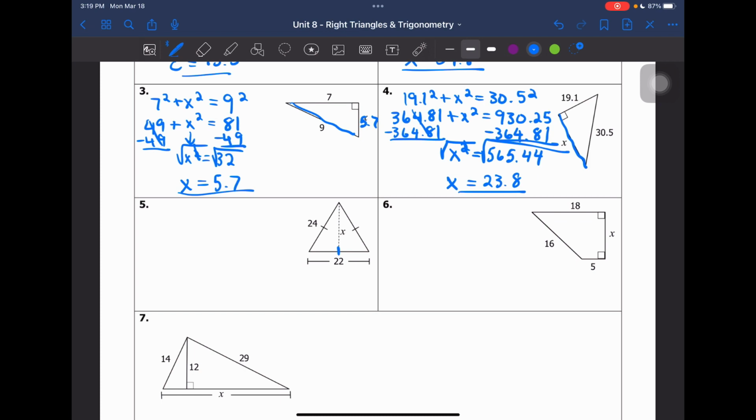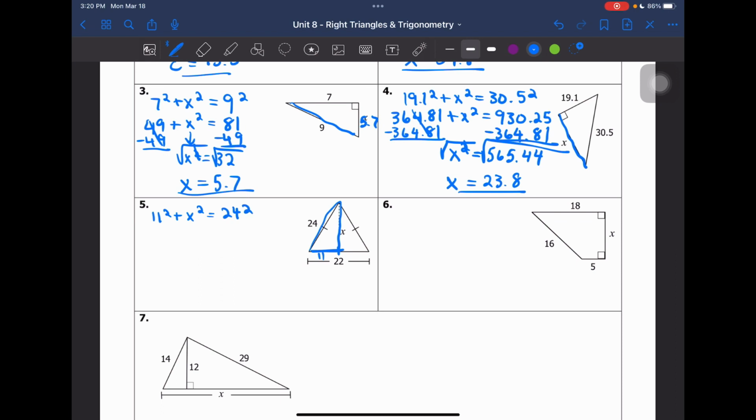So if I want to know what this side is, I just need to take 22 divided by 2, which would be 11. So what I really am dealing with is a triangle that has 11, x, and 24 as their sides. So I can say 11 squared plus x squared equals 24 squared.